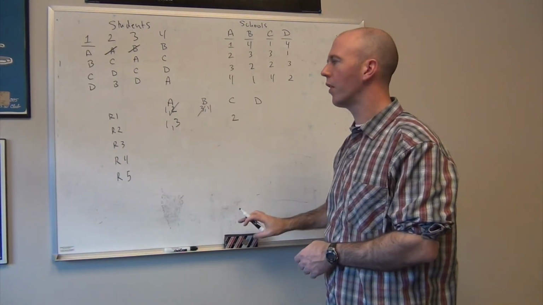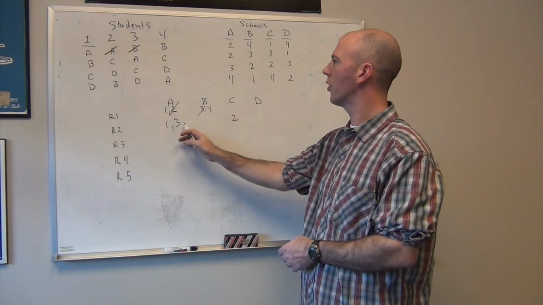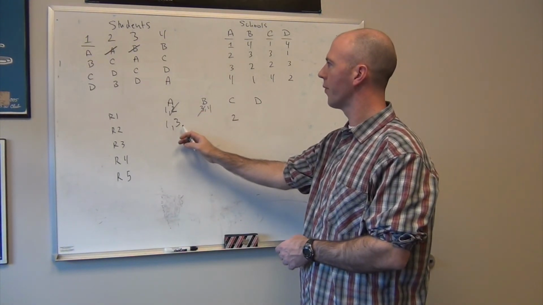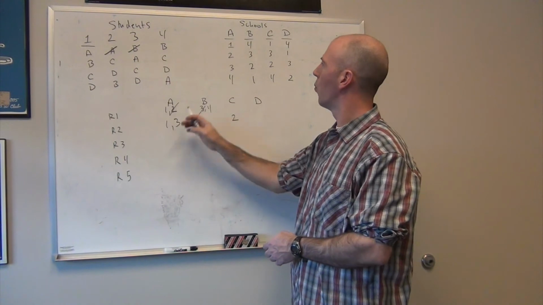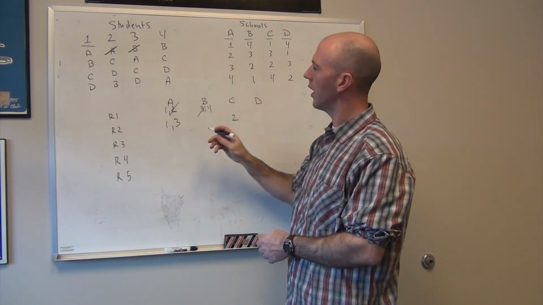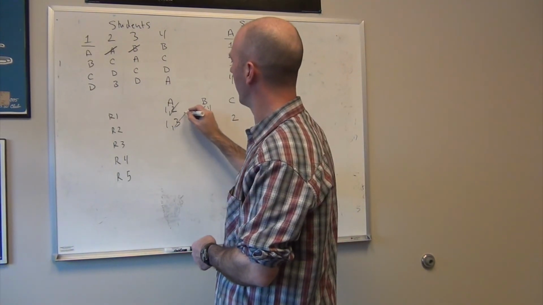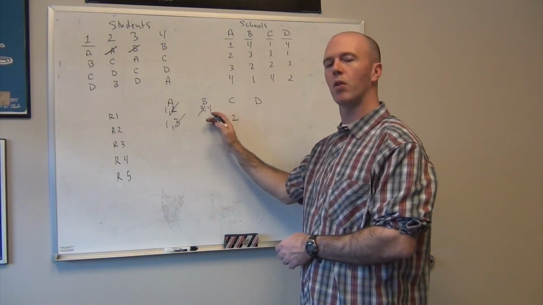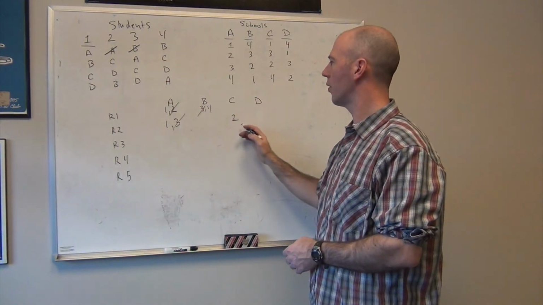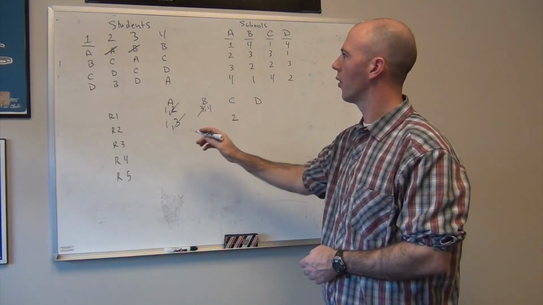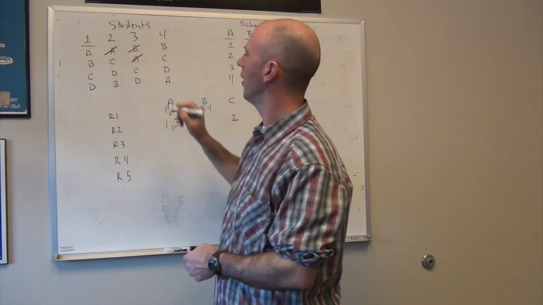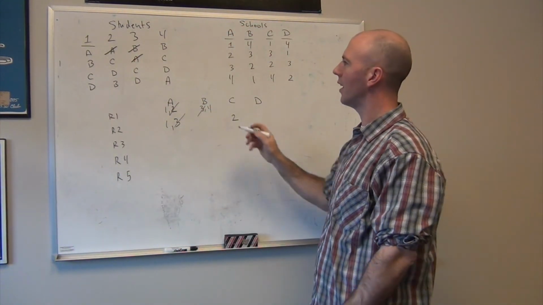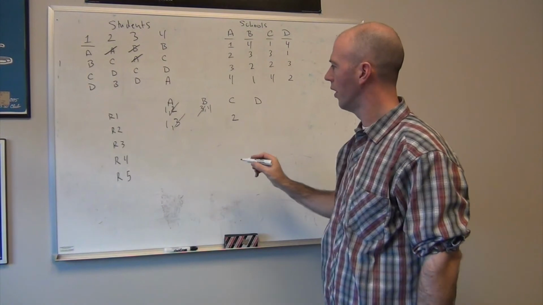So the only school with a decision to make is A. So it's choosing between 1 and 3. And so 1 has higher priority than 3, so it's going to reject 3. B continues to hold on to 4, C continues to hold on to 2. So 3 was rejected again, so now 3 applies to C, which is his next favorite school.